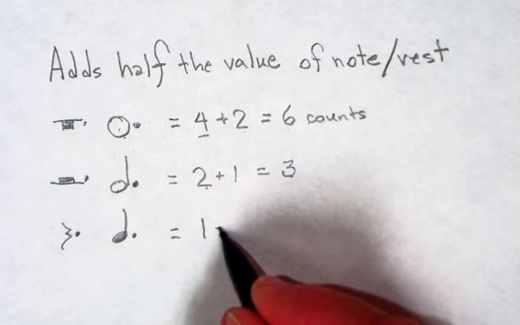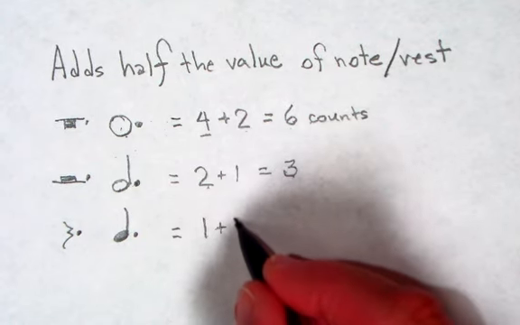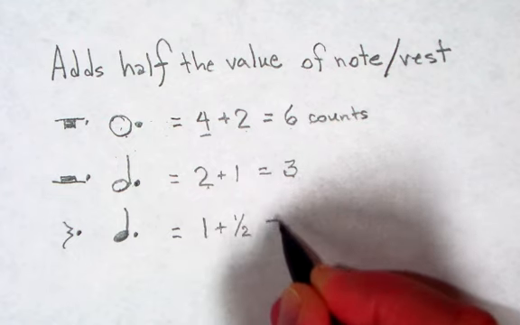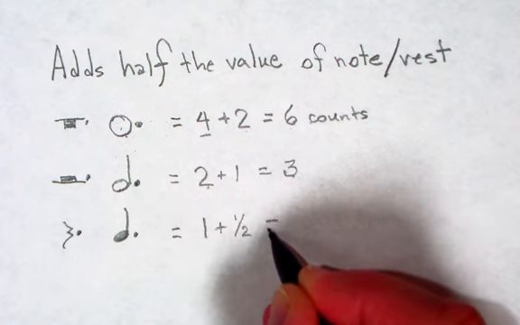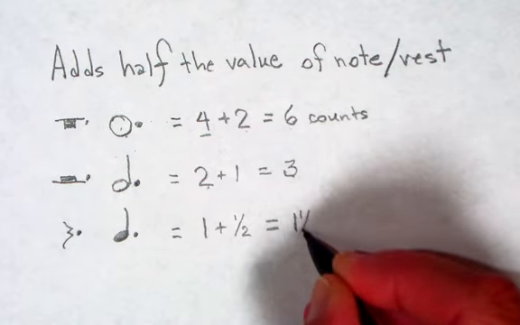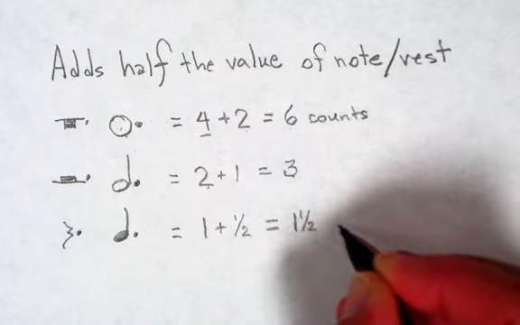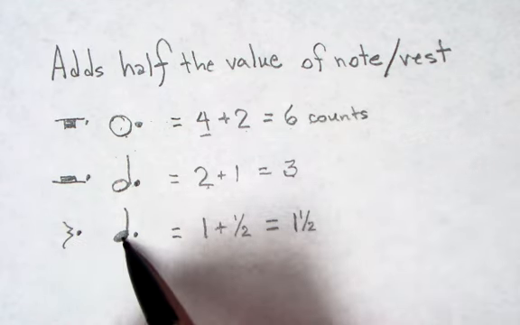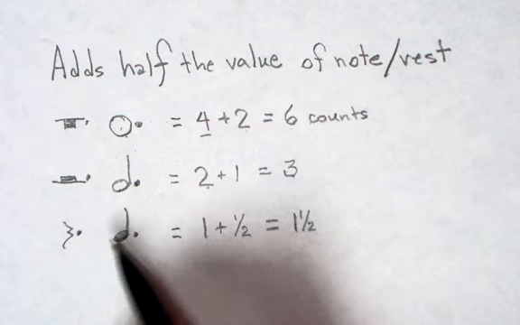If I have a pizza and I cut it in half, I have a half. So now we are into pieces of beats. It's okay. It happens all the time. So this is now 1½ counts. That's a 1½ count rest. That's a 1½ count note. Yes. All right, so let's move on.